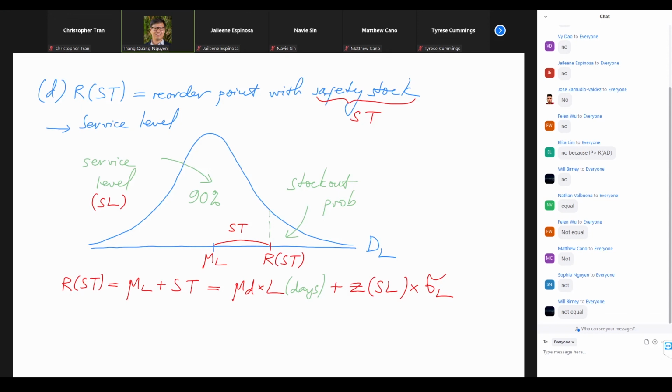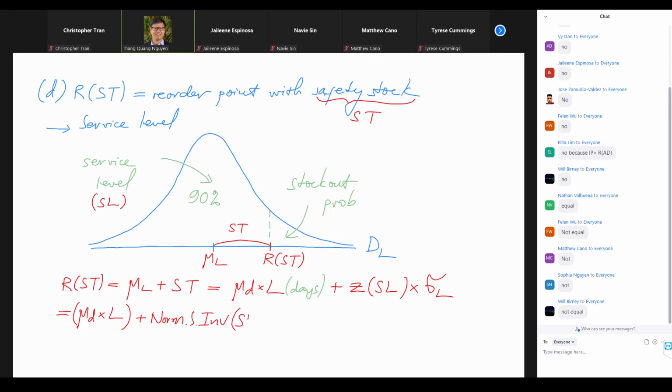To be a little bit more concrete, what we will do is we do that as mu d times L. Right, everything here is per day and in days. That's our average demand right here. And then the Z value will be calculated as norm dot s dot inverse. That's our Excel equation.